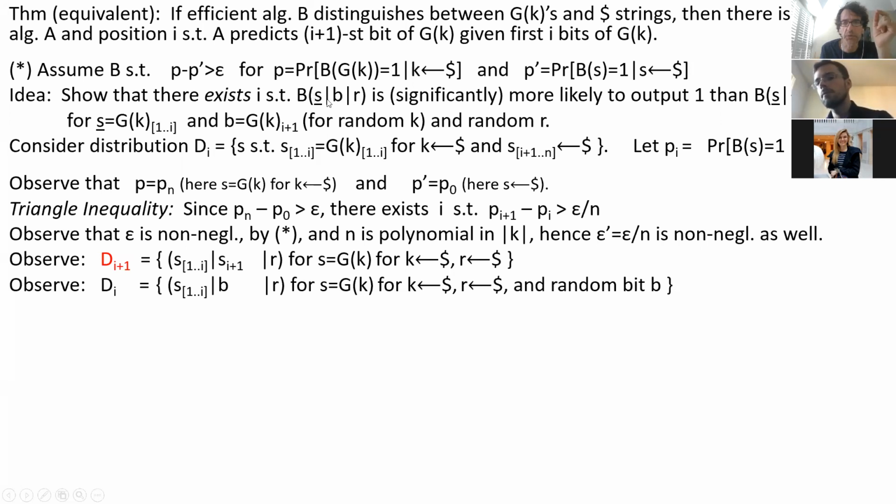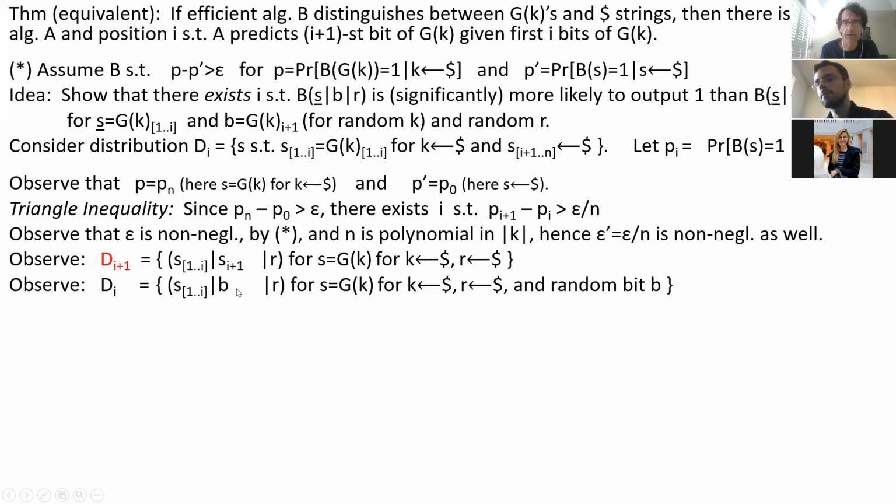That's not exactly what we needed here. What we needed here is, it's almost, but not exactly. Here you have real outputs of a PRG, the first i bits. Here you have perfectly random, but this bit is sometimes correct and in the other case, incorrect. Here I have this bit correct, and here I have this bit random.